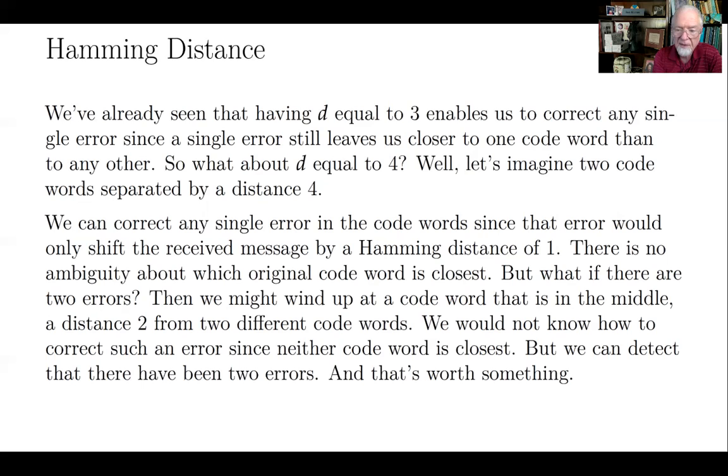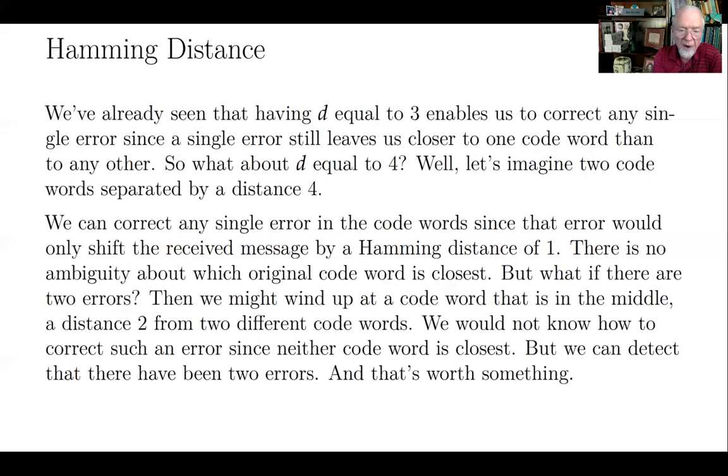It is the closest one. And the same thing is true for the 1111. Either the 0000 or the 1111, any 1-bit error would still allow you to correct it.